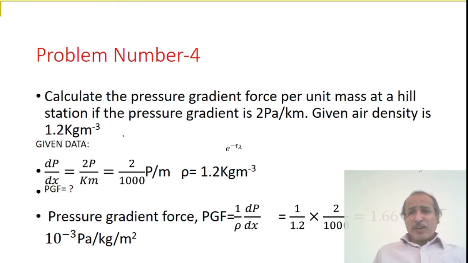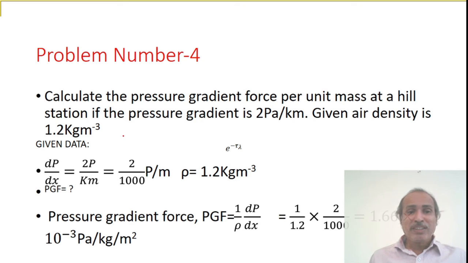The pressure gradient, that is dP by dx per kilometer, the pressure variation we found as 2 Pascals. Given air density is 1.2 kg per meter cube.